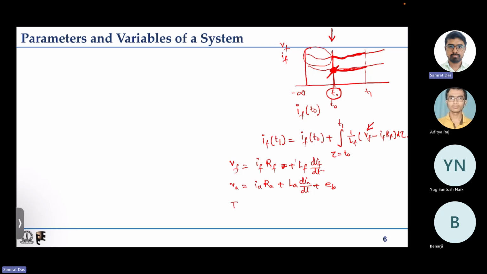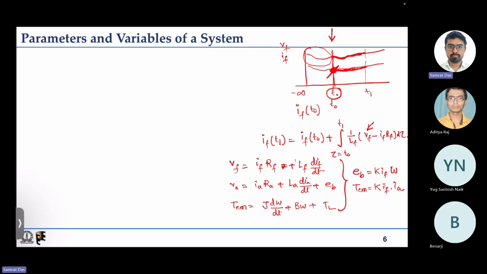The third equation is electromagnetic torque equal to J dω/dt plus Bω plus load torque. There are certain other things also, like EB, that is some constant into IF into omega. The electromagnetic torque is some constant into field current into armature current.